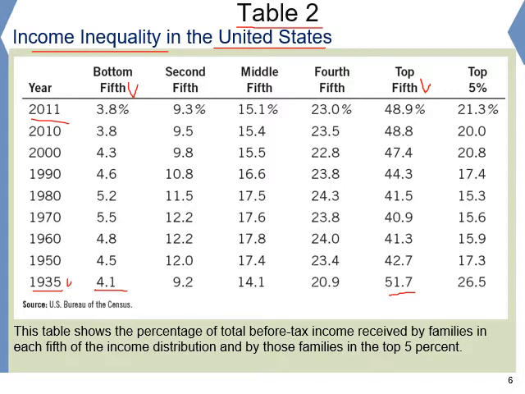Roughly speaking, we can say that the top group earned 12.66 times more than the poor group in 1935.